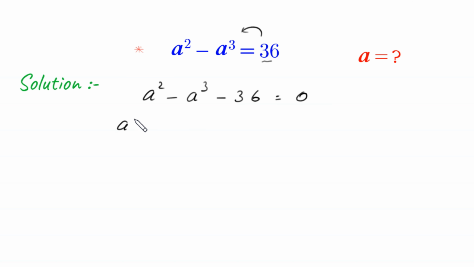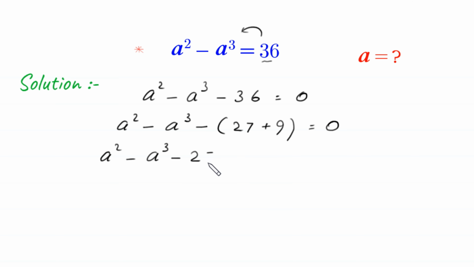Next, a squared minus a cubed minus this 36 can be written as 27 plus 9 is equal to 0. Next, a squared minus a cubed, negative times 27 will become negative 27, and negative times plus 9 will become negative 9 is equal to 0.